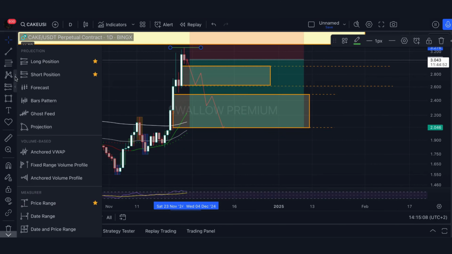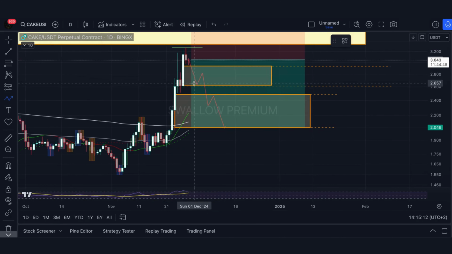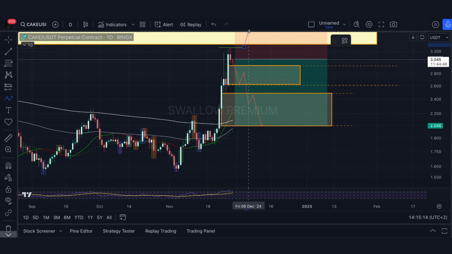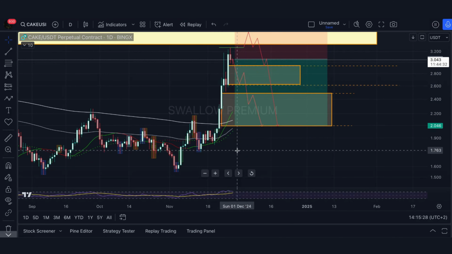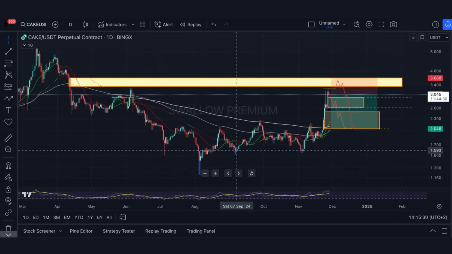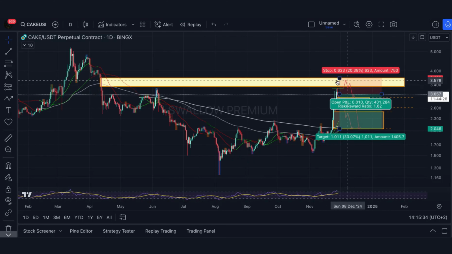So if we break this zone here, then we are going to see a fill to the upper zones, meaning this zone here, some kind of movement, and then we're going to wait for a market structure break, which is basically this zone, the last daily high, and then a steep movement again to fill those imbalance zones. Now, if we don't fill these imbalance zones, there is a high probability that one time in the future we will come back to those zones.